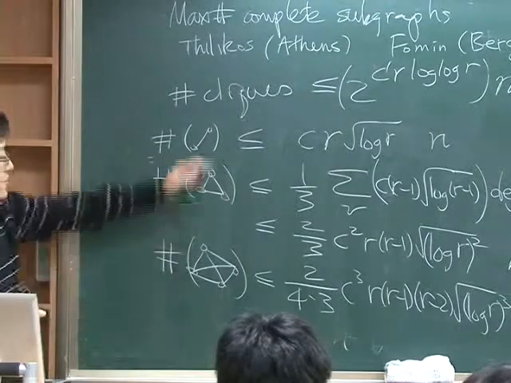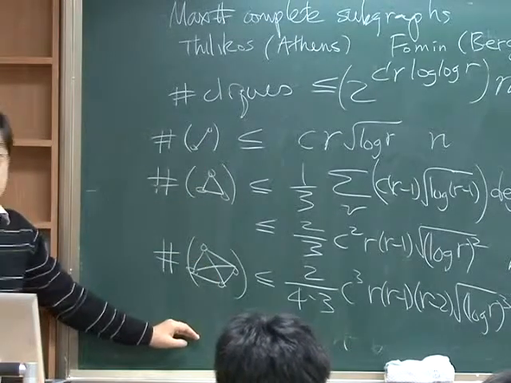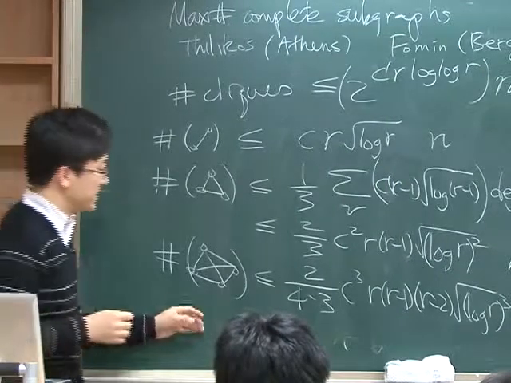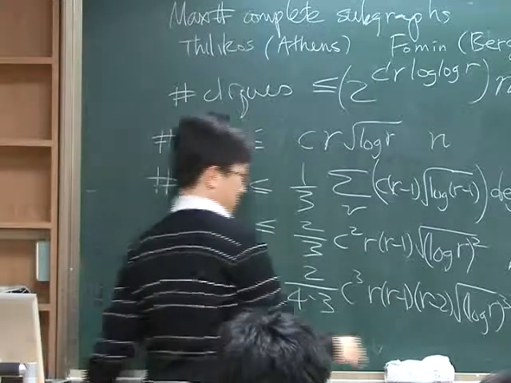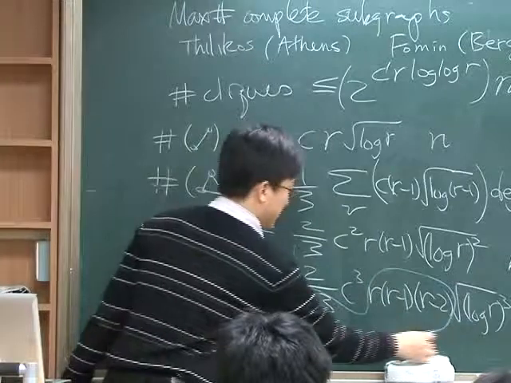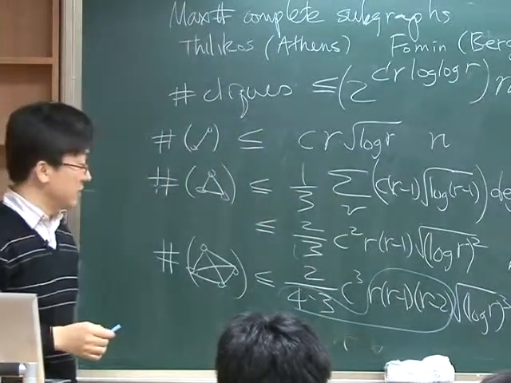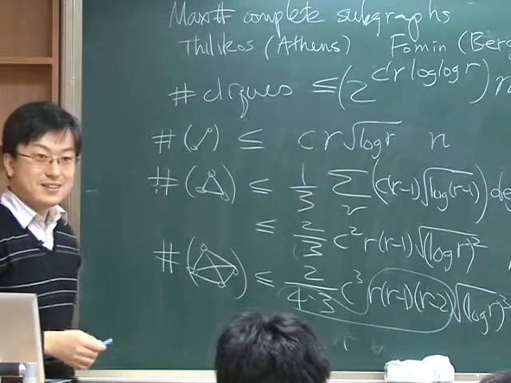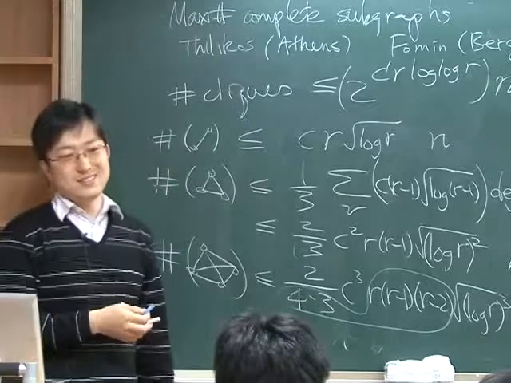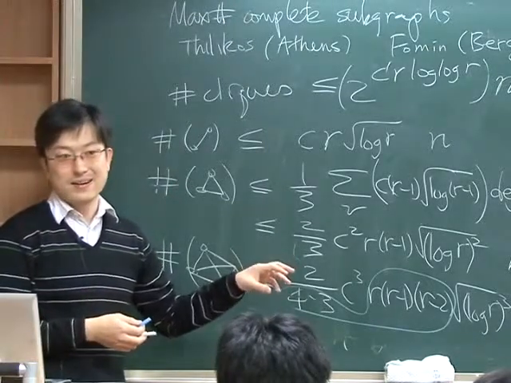So you repeat this until you get cliques of size r minus 1. And then something should be familiar. This part looks like you have r choose 2 something. So r choose 2, r choose 3, r choose 4, r choose 5. So you have a binomial sum.